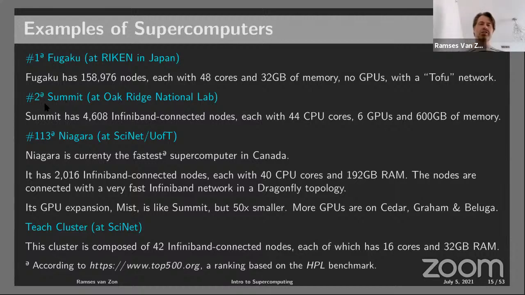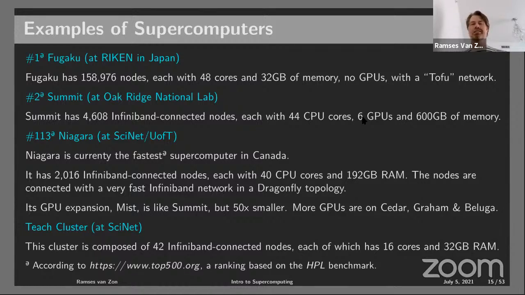The second, so that's in Japan. The second fastest is in the States at the Oak Ridge National Labs, called Summit, and it takes quite a different approach. It only has 4,608 nodes. Each of them has 44 CPU cores. It's hard to imagine how that could be number 2 in the list if that was all they had.